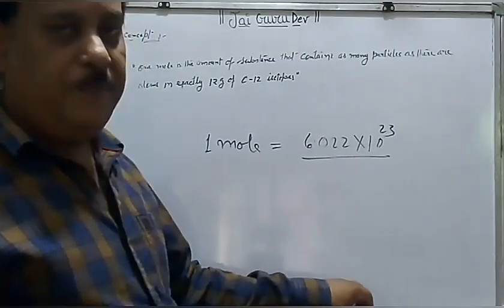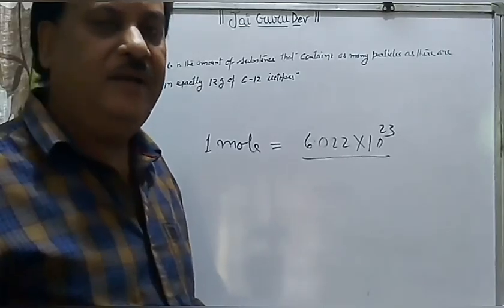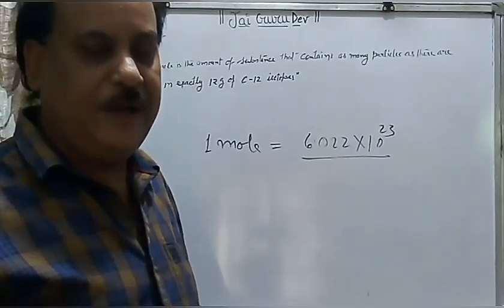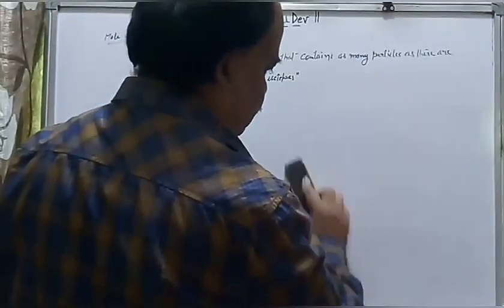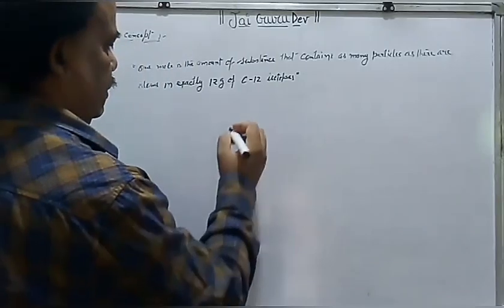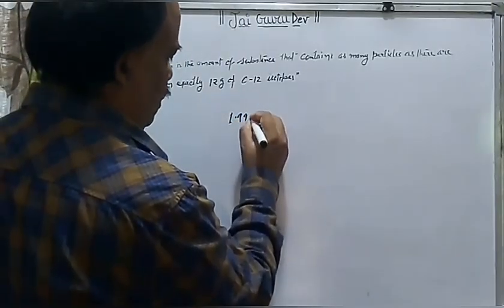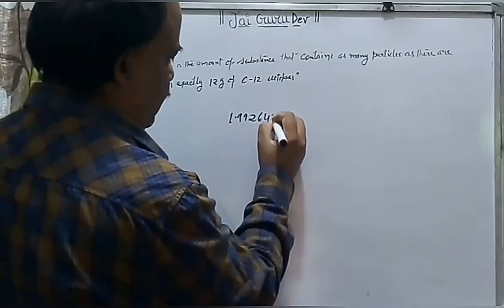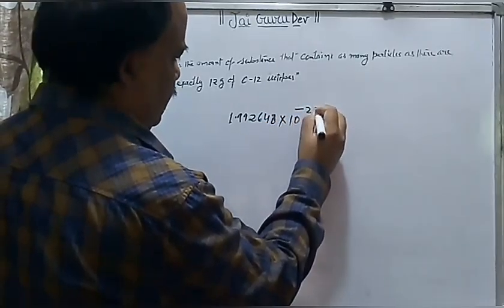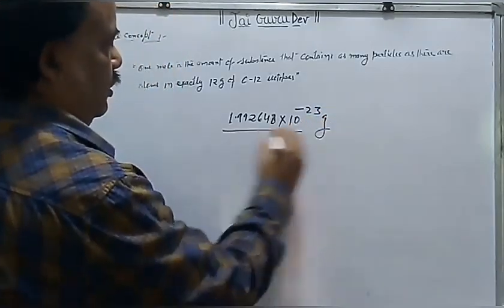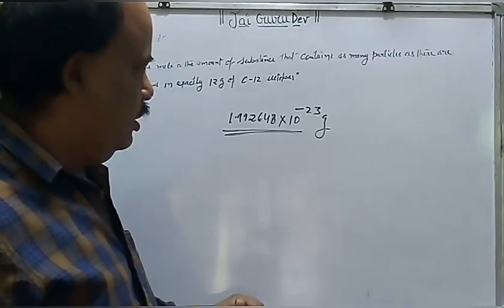The mass of an atom of C12 isotope is determined by mass spectrometer and is equal to 1.992648 into 10 to the power minus 23 gram. This is the mass of an atom of C12 isotope.